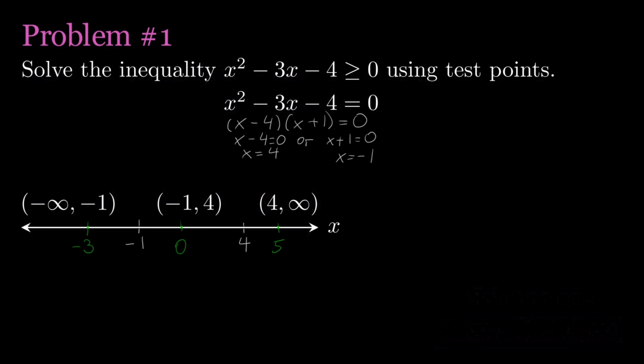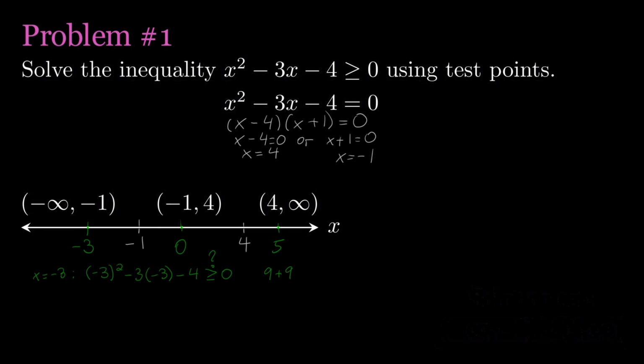Now that we have our test points, we test them in that original inequality. So for x equals -3, we're going to have (-3) squared minus 3 times -3 minus 4 greater than or equal to 0. And we ask whether this is true or false. Now, the square of -3 is 9. -3 times -3 is plus 9.